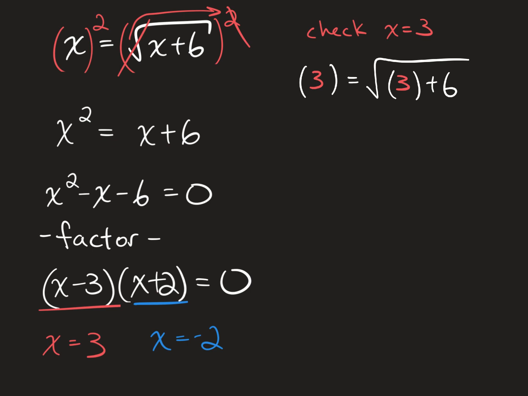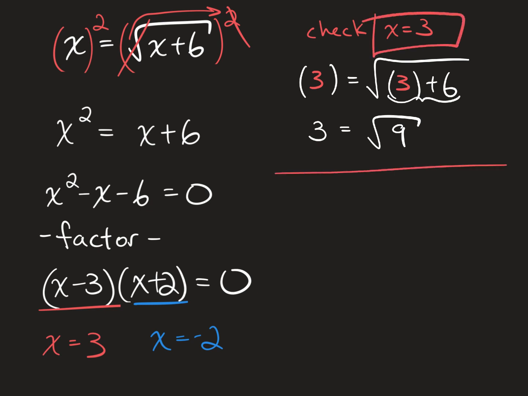And once you can tell that both sides are going to be equal or not, then you can stop writing things down. So in this case, I know the left side will just be 3, but inside the square root here, 3 plus 6 is 9. And I'm thinking from here, y'all can see 3 equals the square root of 9 is going to be a true statement. So x equals 3 is a good answer.